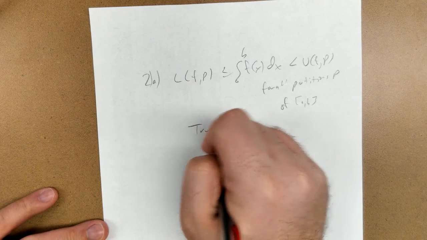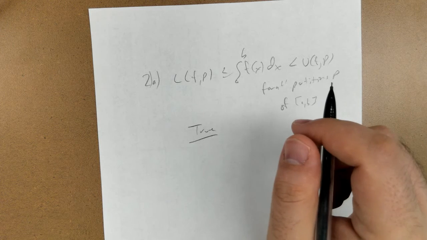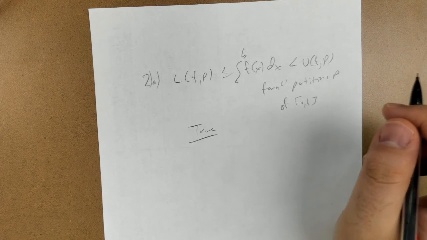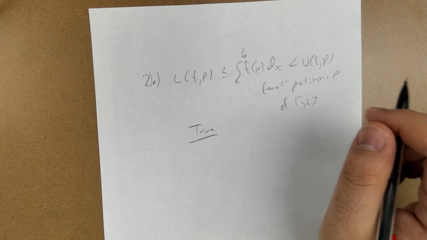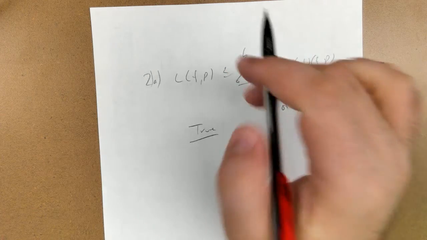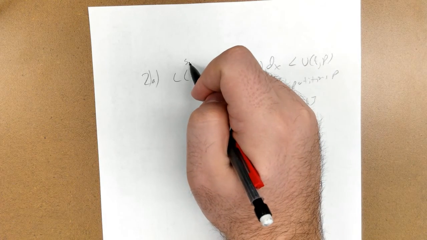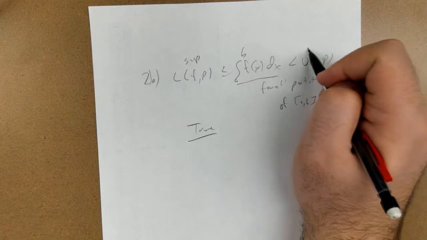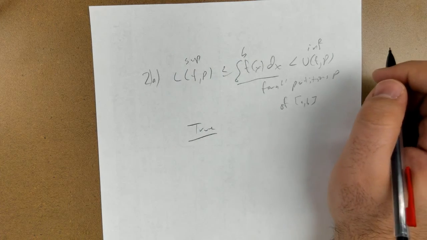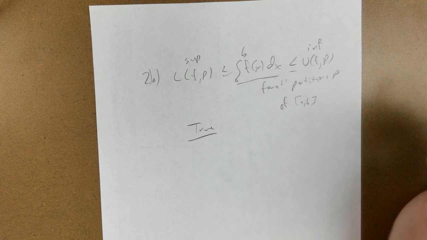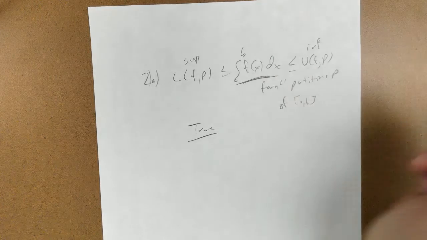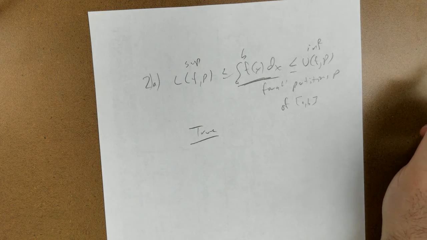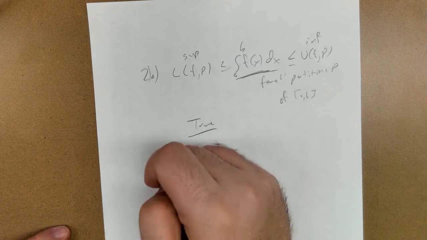This is pretty much the definition of the integral. Remember that we just said that it's if the upper integral and lower integral are equal. Well, if this number is in between here every time, then if you take the sup on this side and the inf on this side, you get the lower integral and the upper integral. And if those are equal, then this is the number each time between them. So that's kind of equivalent to what we just talked about on 1c. So that's true.